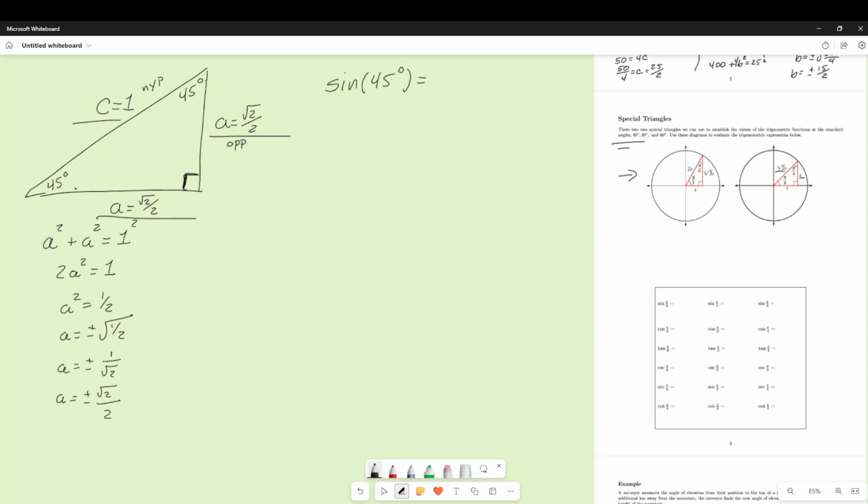If we were talking about this 45-degree angle, this root 2 over 2 would be the opposite, but they're the same, so it doesn't matter. So the sine of 45 degrees is the square root of 2 over 2 over 1 for the hypotenuse. That's one of the reasons I like the 1 on the hypotenuse. So it's square root of 2 over 2.